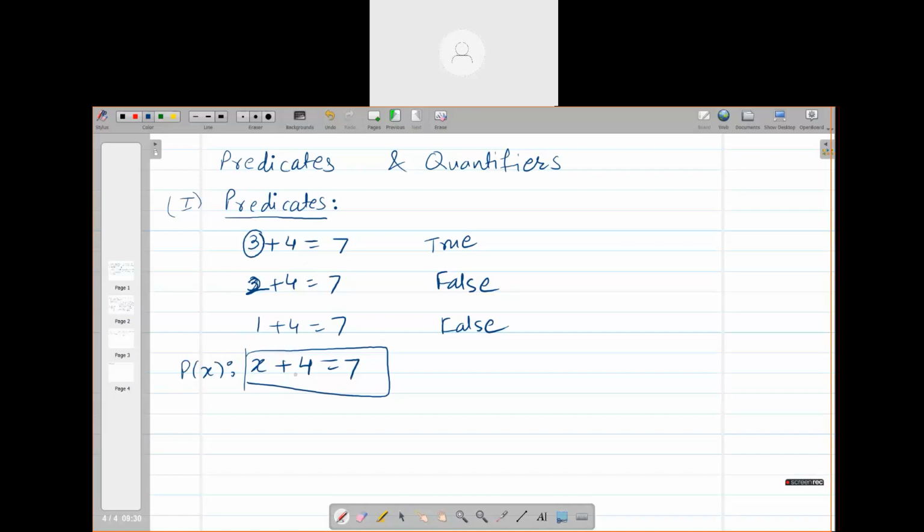So how many variables does it contain? One. So it is called a one place predicate. The value of x will make your sentence a statement.